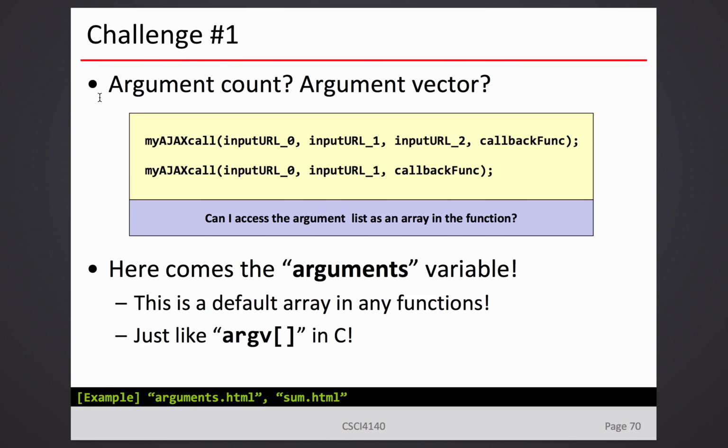Actually, in JavaScript, we have argument count and argument vector. In C, you have argc and argv in main, right? Now, how about in JavaScript? Can you find the argument vector and argument count for each function call? Yes. It's called arguments. Let's check.